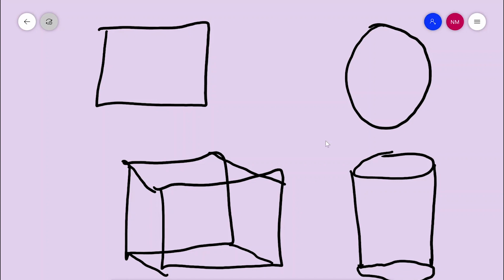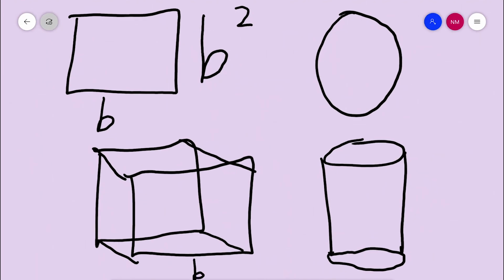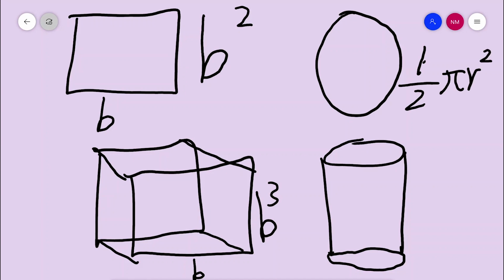So for squares, we use the formula base squared to find the area, and for cubes, we use the formula base cubed to find the volume. We multiply by the 3rd dimension. And the same exact thing happens here. Of course, for a circle, the area is 1/2 pi r squared, and the cylinder is 1/2 pi r squared times the height, because that's the 3rd dimension.